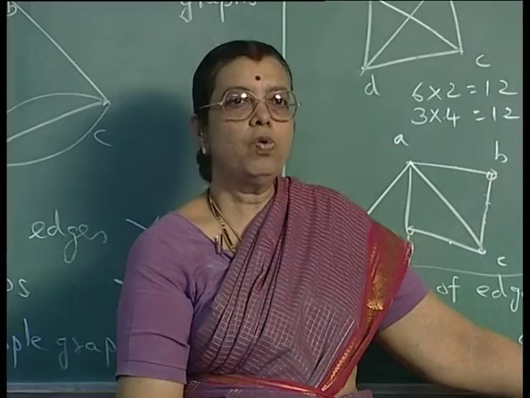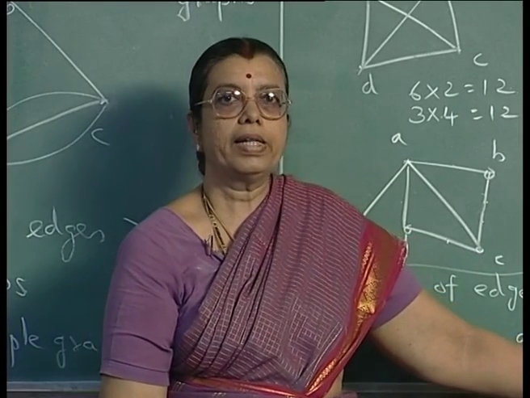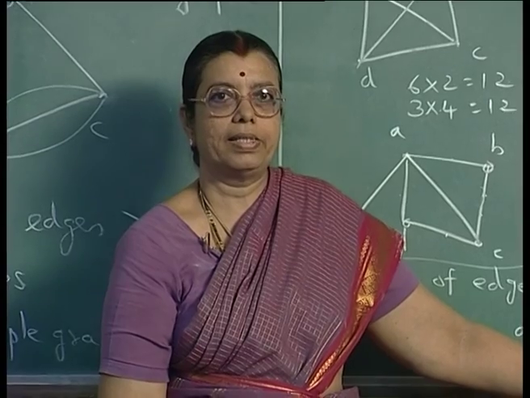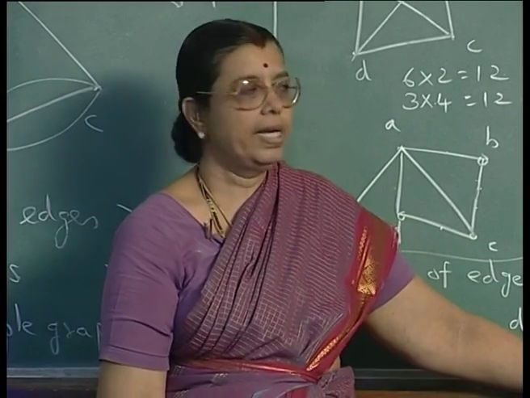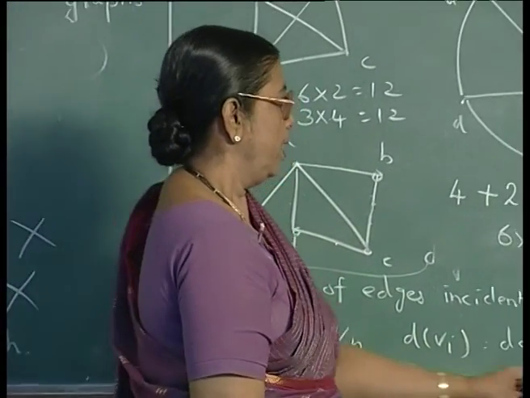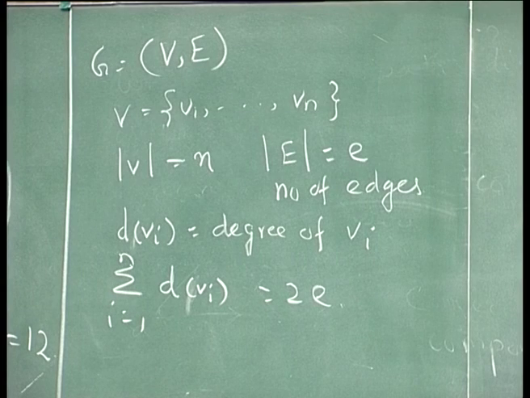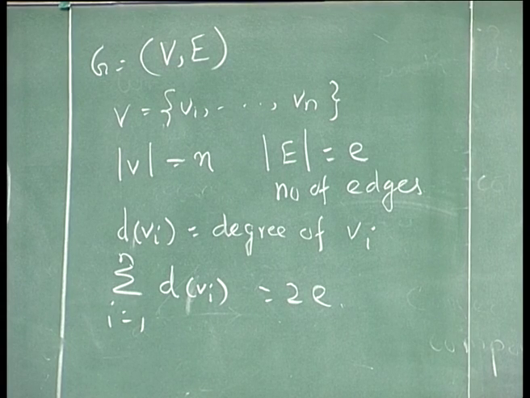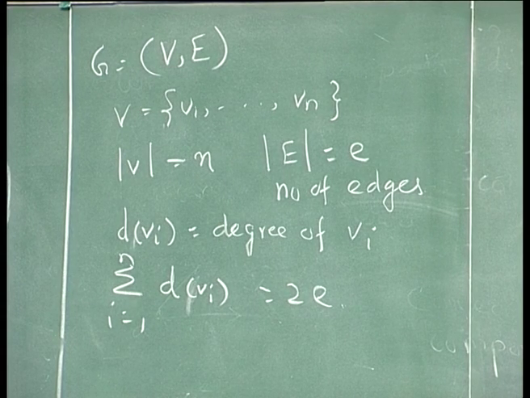Now, we have seen how to represent directed graphs using adjacency matrices. How do you represent undirected graphs? Again, let us take this example. How do you represent?